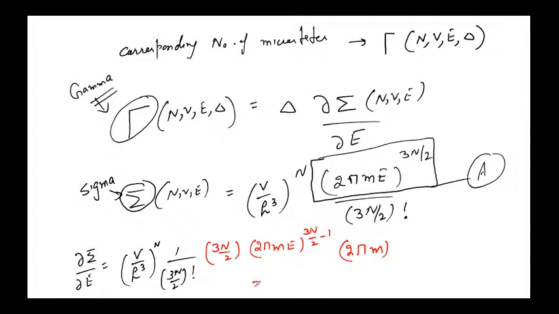So this equation becomes V over h cube to the power N, 1 over 3N by 2 factorial, 3N by 2, or you can write it as 2 pi m E to the power 3N by 2, and 1 over 2 pi m E inverse goes in the denominator, and what we are left with is 1 over E.